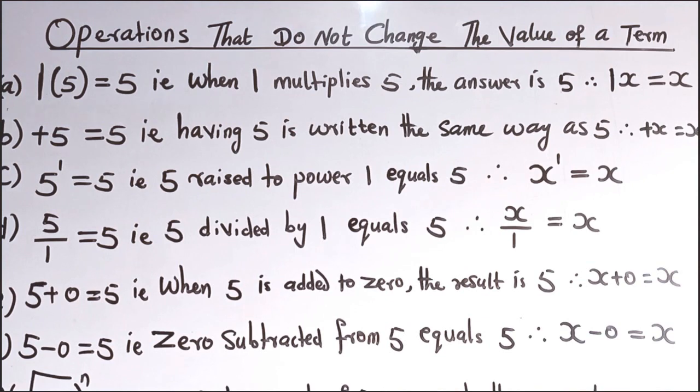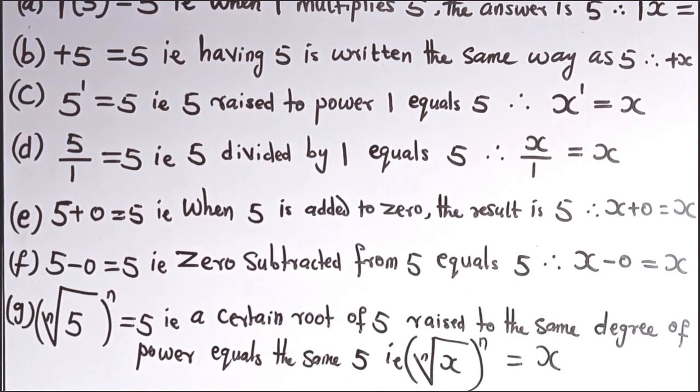Then the last operation is that of roots of numbers. This is 5. This is a sign of root.